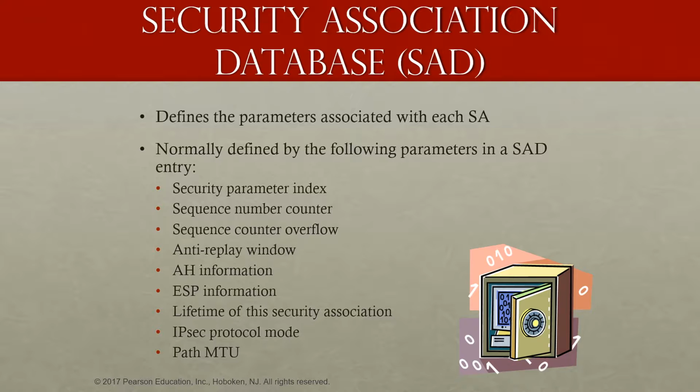Sequence counter overflow, a flag indicating whether overflow of the sequence number counter should generate an auditable event and prevent further transmission of packets on this SA, and this is required for all implementations. Anti-replay window, used to determine whether an inbound AH or ESP packet is a replay, which is described in section 9.3, and this is required for all implementations.